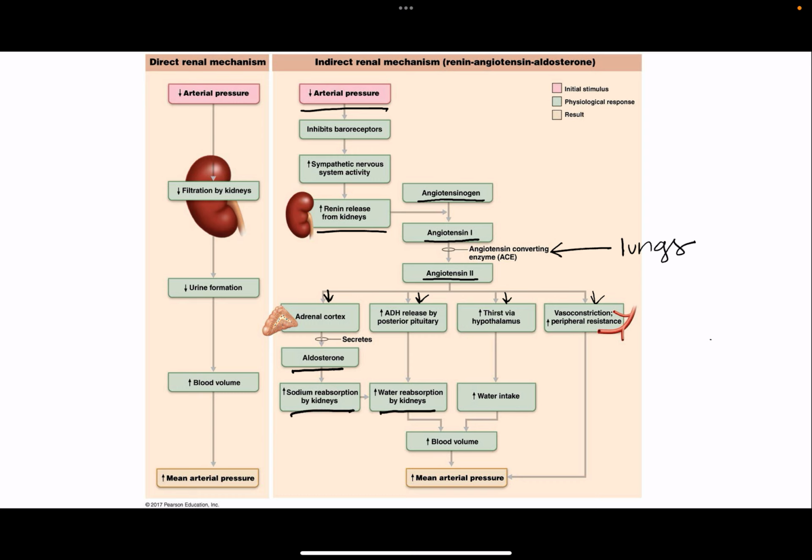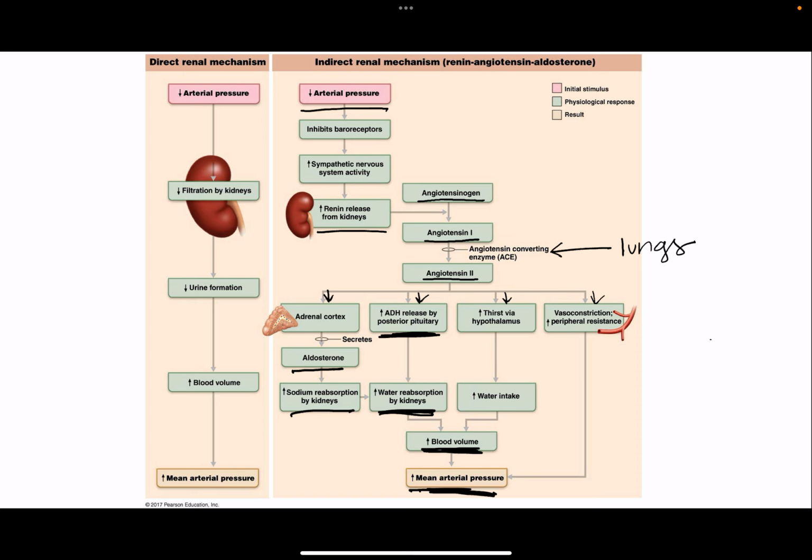So we have more water reabsorption, which increases blood volume and increases blood pressure. Angiotensin 2 is also going to target the posterior pituitary to release more ADH, which is going to target the kidneys to reabsorb more water, which also will increase blood volume and blood pressure.